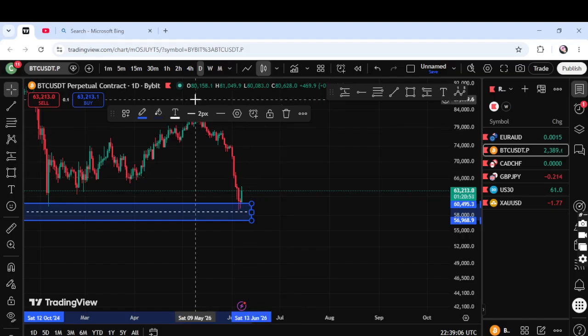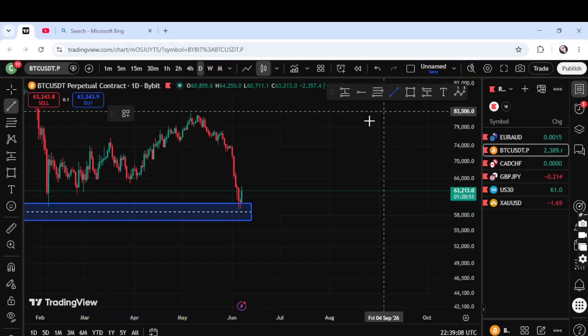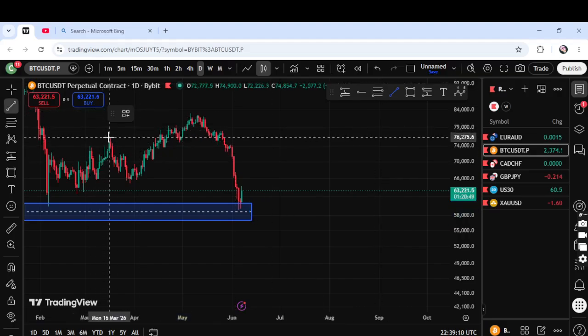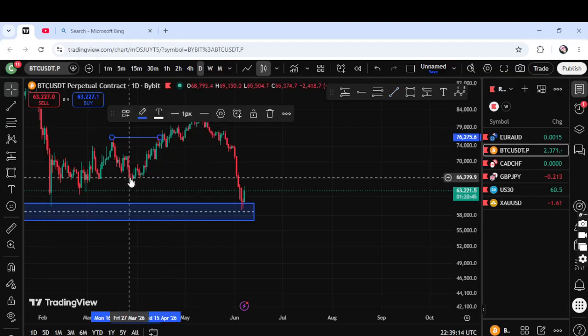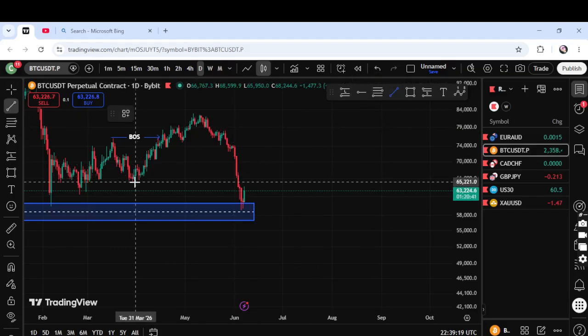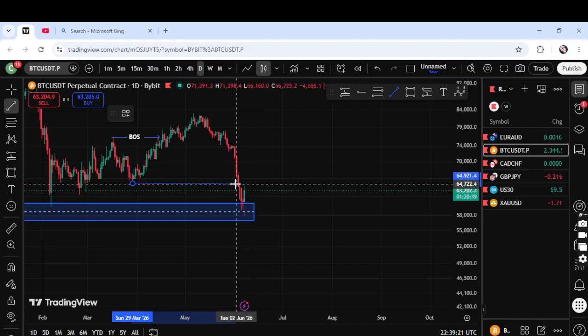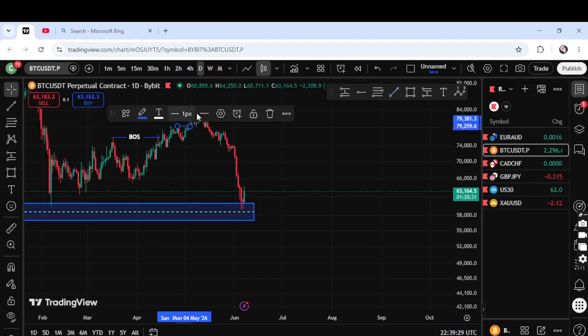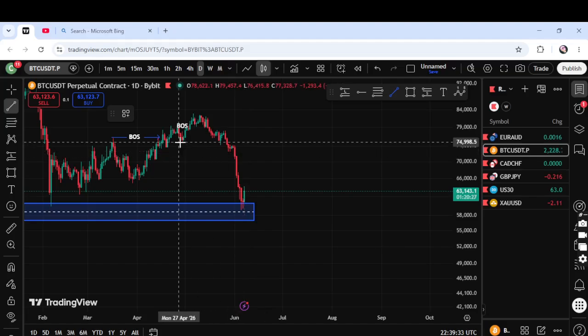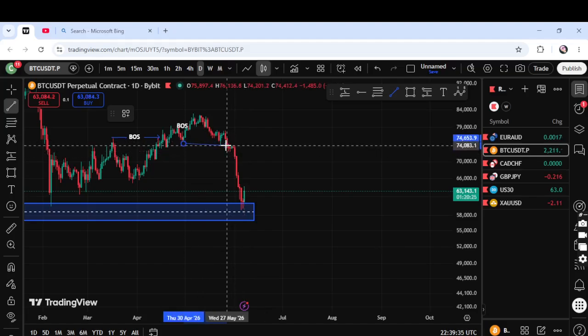So we have a major break here from the daily time frame, which causes a change of character. This is not the last break of structure. We also have another tiny break of structure here. So the change of character happened here.